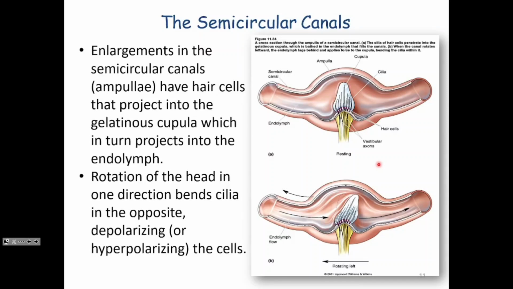So as it is turning towards the right, and the endolymph is in inertia, your crista is going to come and hit the endolymph. So it would seem like the endolymph is going towards the left, and your canal is moving towards the right, and that would push the cupula.